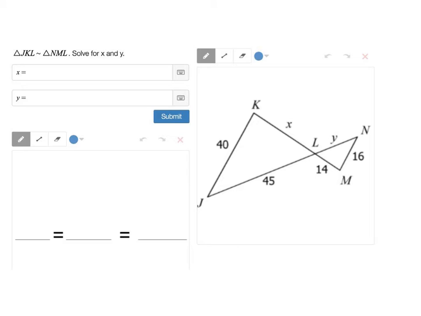I can take the same approach on this one since they gave me my similarity statement, which is awesome. I can see that JK, KL, JL should go with NM, ML, and NL. And then I don't care how messy that picture is. I'm just going to start labeling stuff.